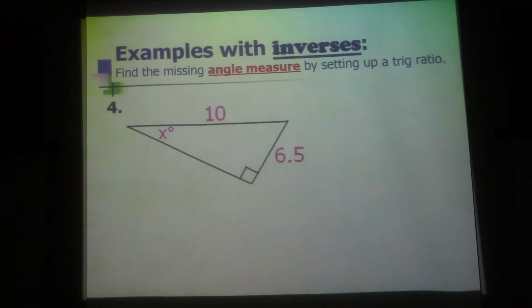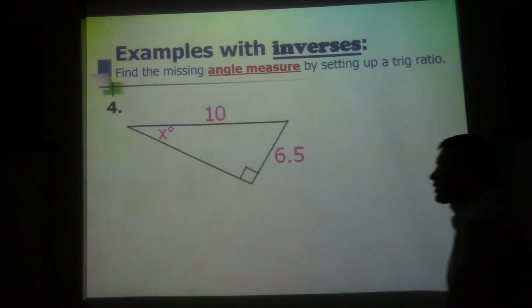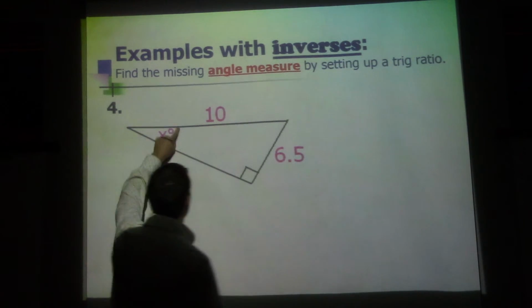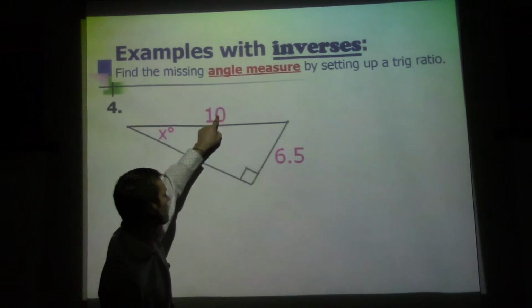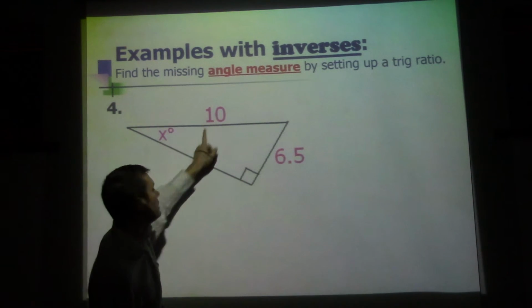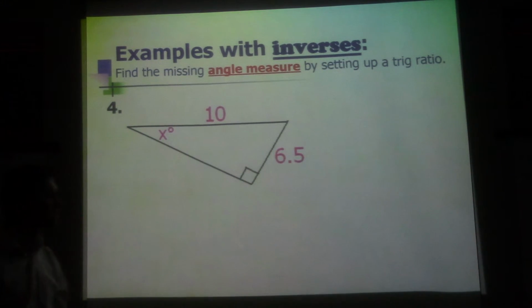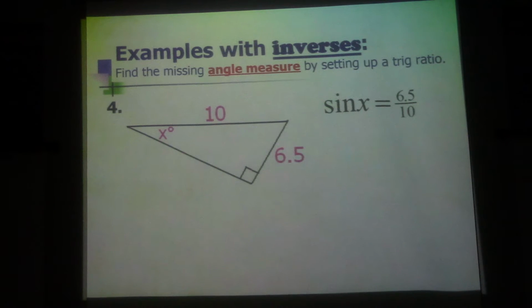So now we want to find the angle measurement. If we think about tangent, what we did yesterday, remember we had the inverse, so it's tangent, then tangent inverse. Same thing here. We start with our angle. If we look at it, this is the hypotenuse, so it's opposite over hypotenuse, which would be sine. So sine of angle x equals 6.5 over 10. Now to get rid of sine, we have to do the sine inverse.